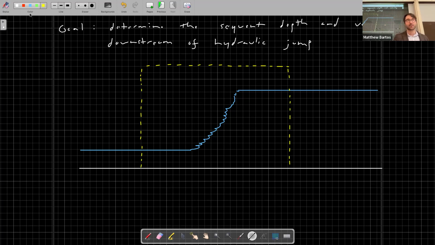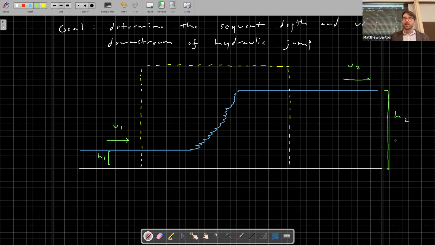And let's say we have some velocity U1 and some depth, which I'll call H1, upstream. And we want to know what the velocity and depth are downstream of our hydraulic jump.